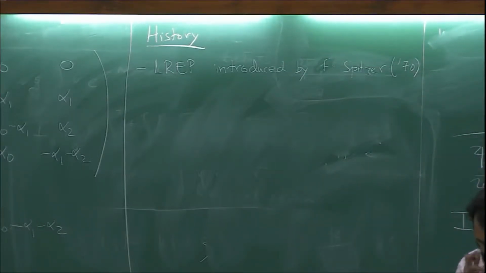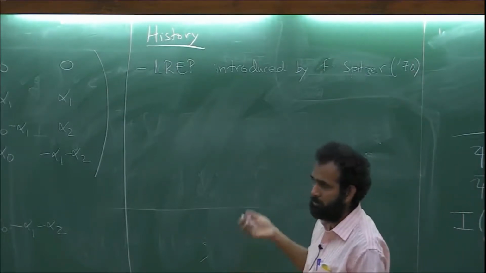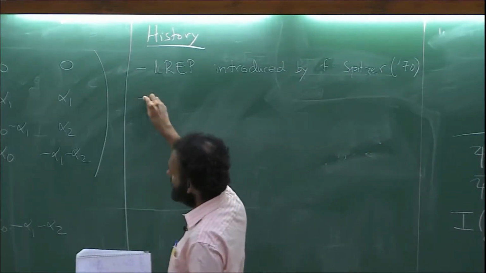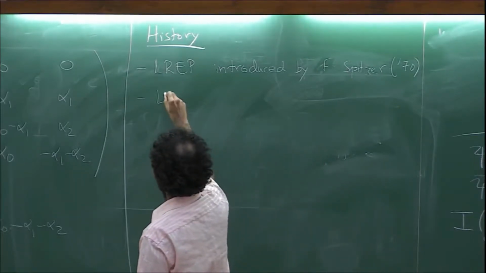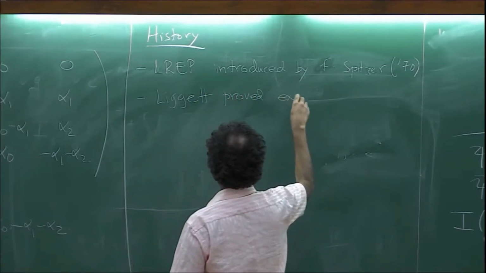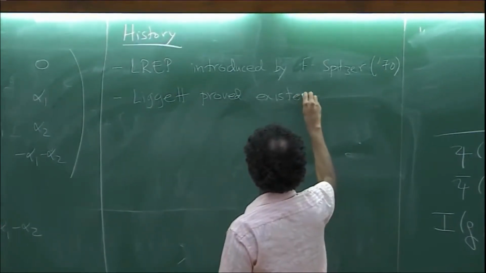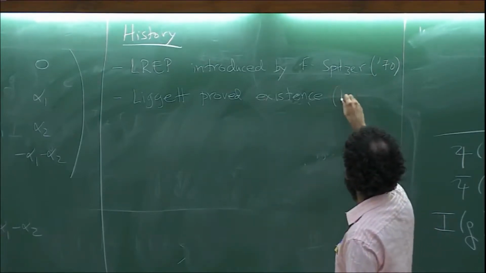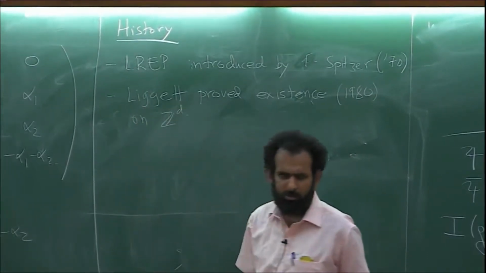He had conjectured that this process is well defined on Z^d. Well, he had something more general, not this process here. And Liggett proved the existence of this process, the LREP, in 1980 on Z^d. There it was more general.